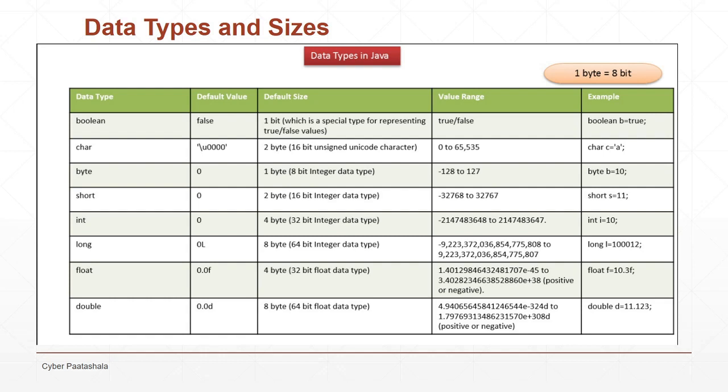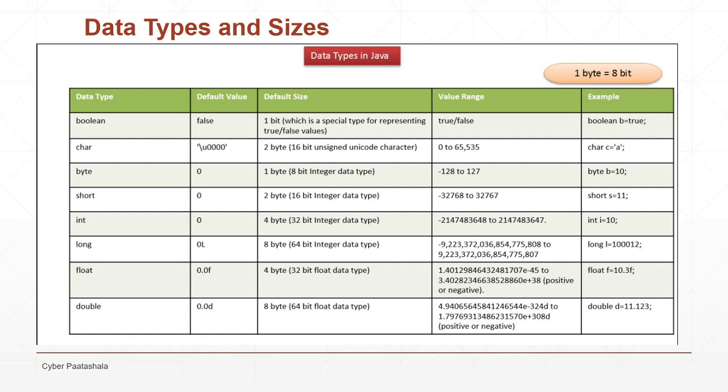Long. We usually use the long data type to declare very big integers which do not fall under the byte, short or int range, and the default value for the long data type is 0L and the default size is 8 bytes. The value range you can see here, and the example of how to declare a long variable is long l equals 112.